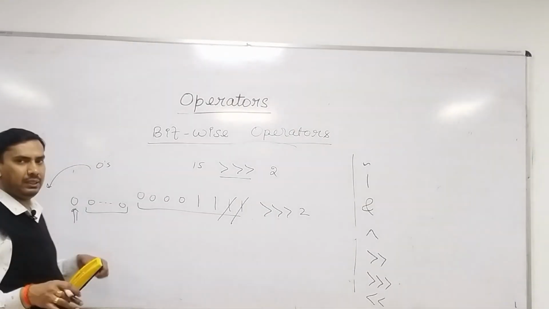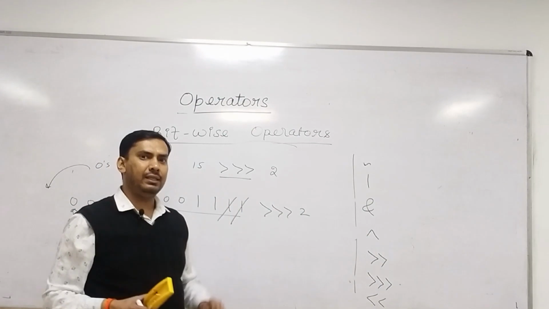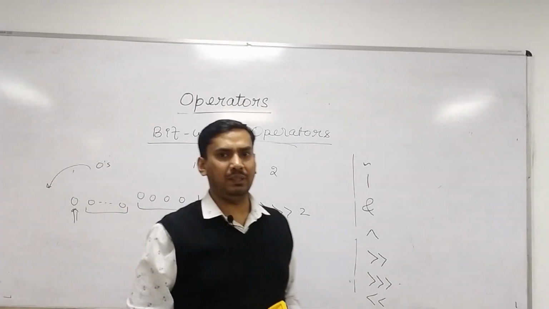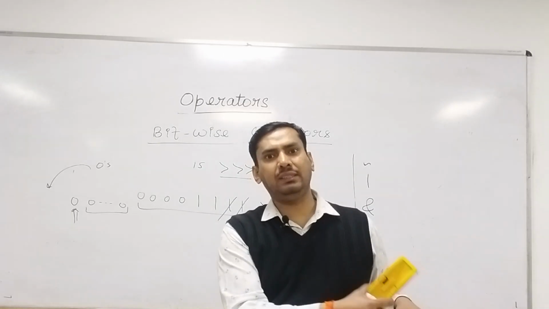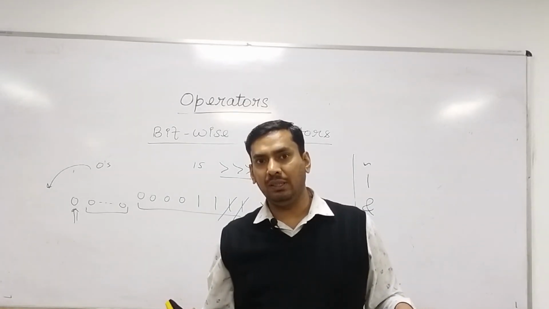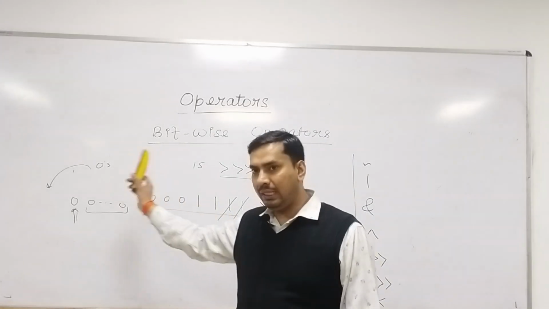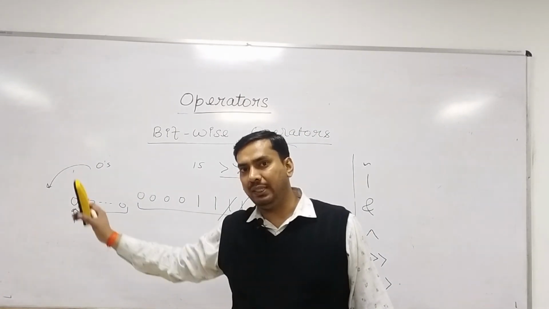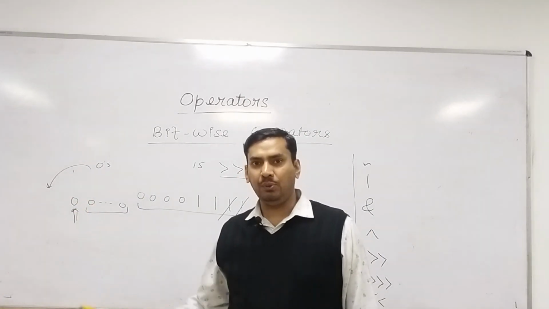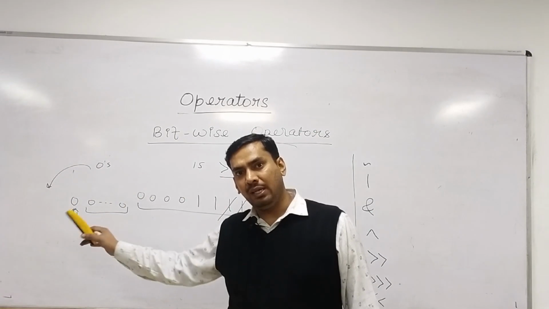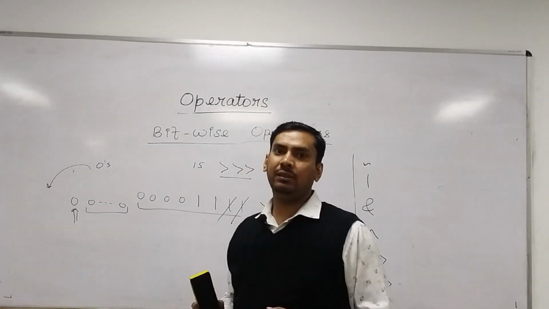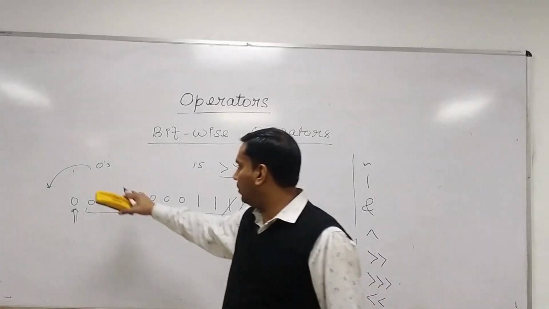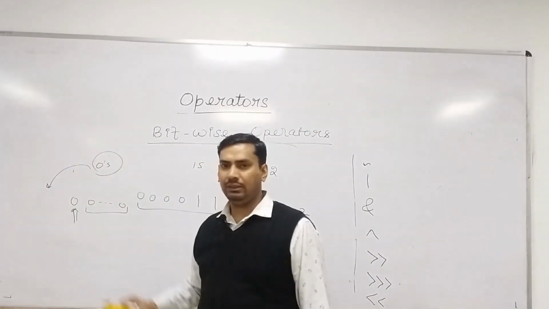Similar to the left shift where blindly zeros are added on the right side, but the behavioral change will be here. Putting the zeros on the right side will just change the value of the number, but putting the zeros on the left side may change the sign of that number also. If your number was earlier negative, after shifting to the right side it may become a positive number because you are blindly inserting zeros here.